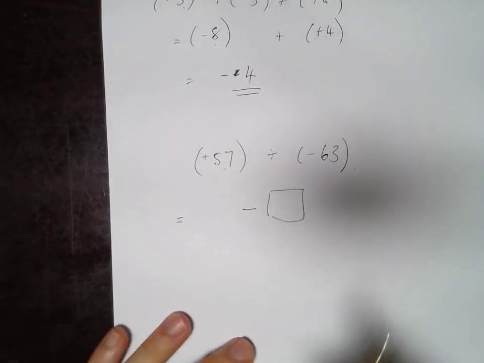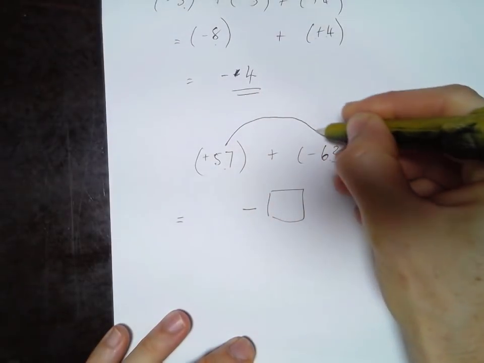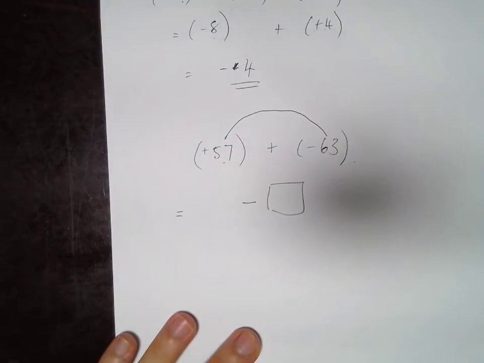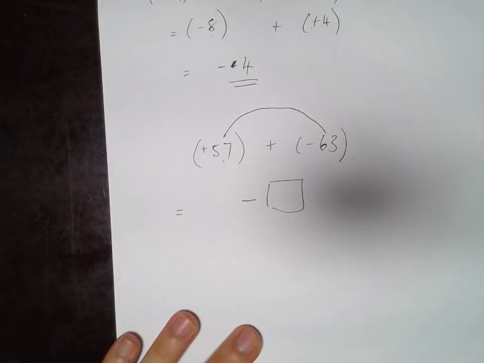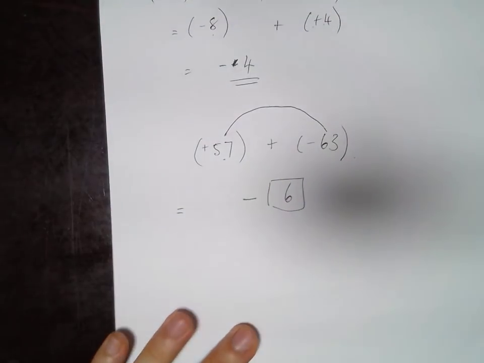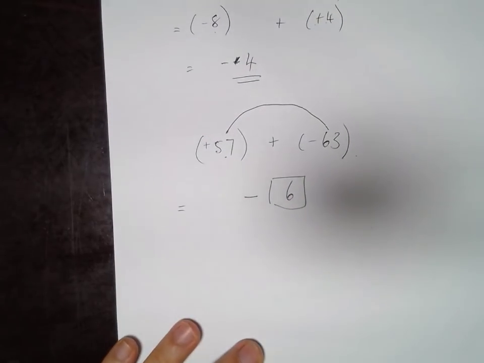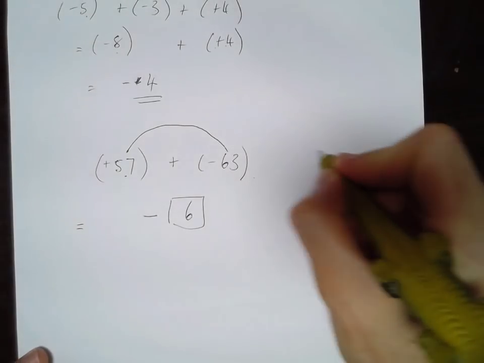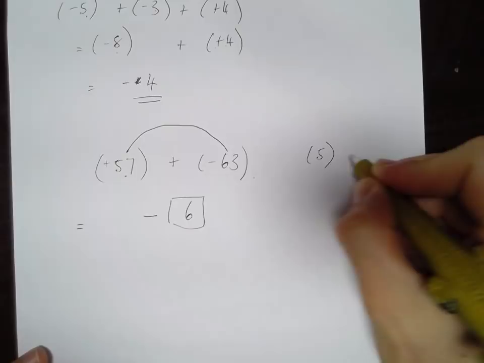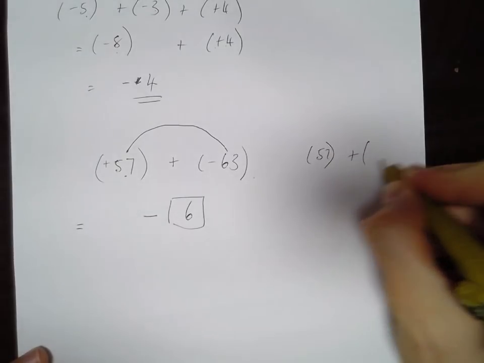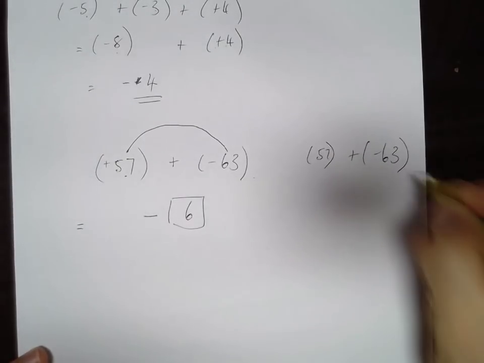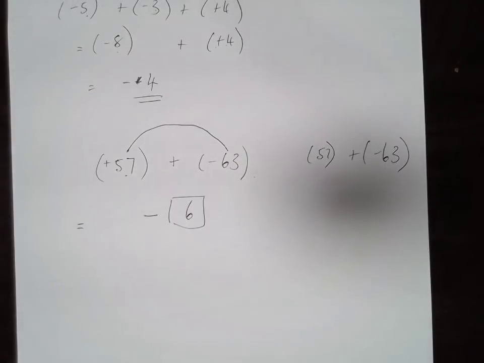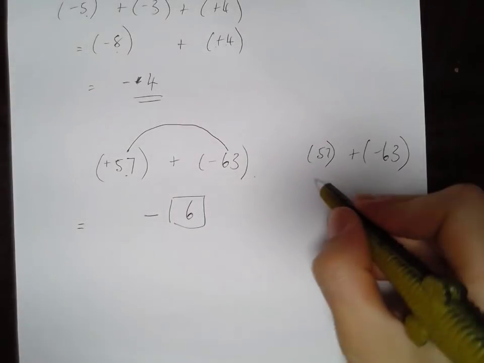So now I guess you can look at the difference between the 2 numbers to get your answer. The difference between 57 and 63 is 6. So I made a mistake with my count back system. If you go 57 plus -63, you can still do the count back system, but I probably went too far with it.